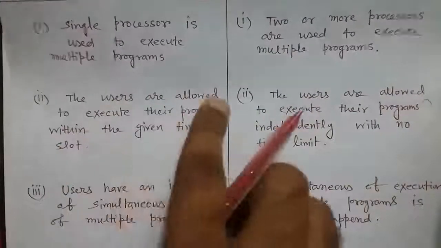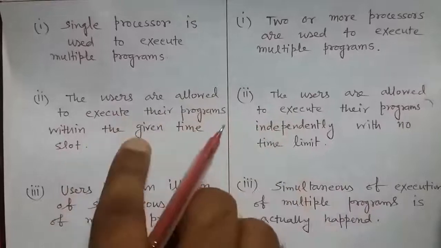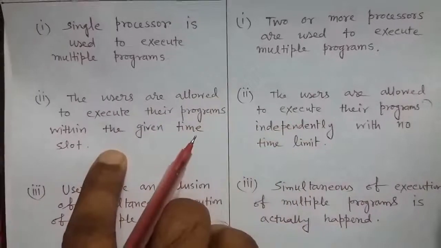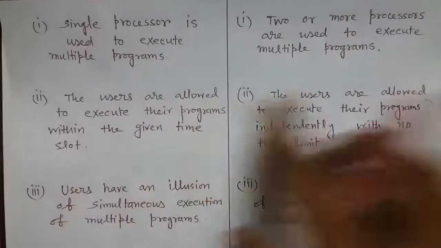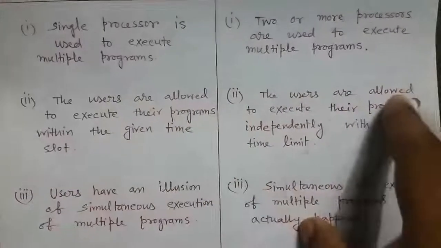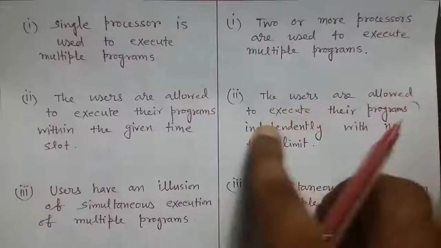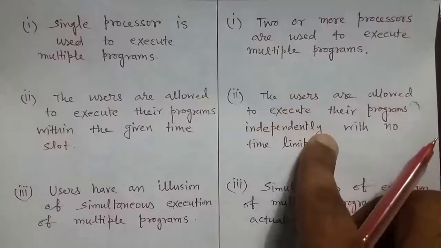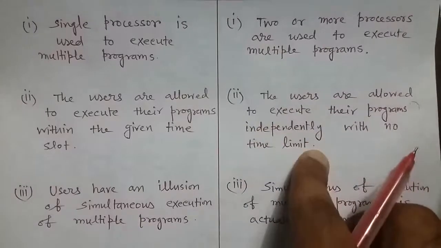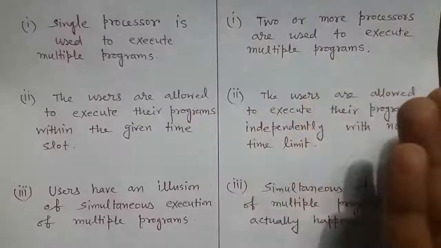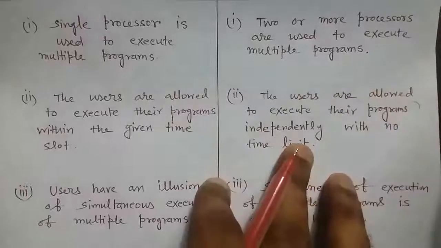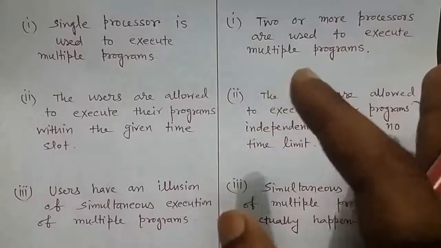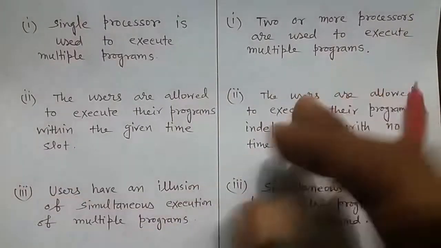Next, the users are allowed to execute their programs within the given time slot. Okay, that is in case of multiprogramming. But here the users are allowed to execute their programs independently with no time limit because of multiple processors, isn't it? So every processor can execute a different job independently.